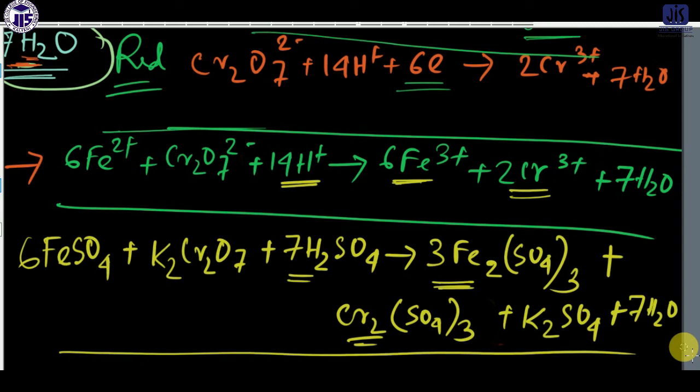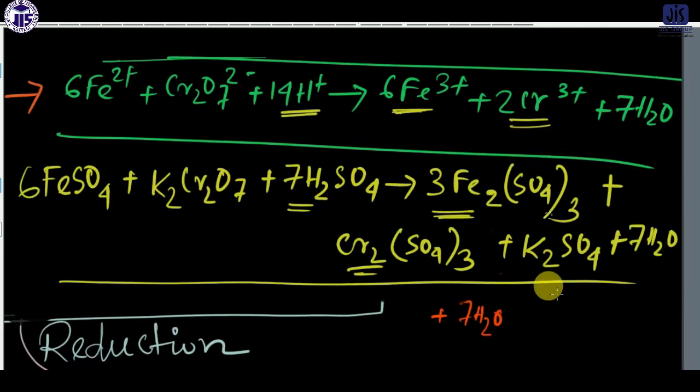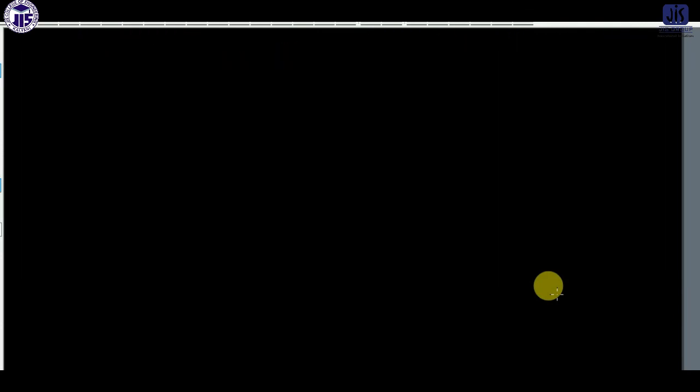I'll give you some home task. That means I'll give you some reactions which you have to do at home, to find the coefficients after balancing the reaction. So just note down the reactions and take it as a home task.